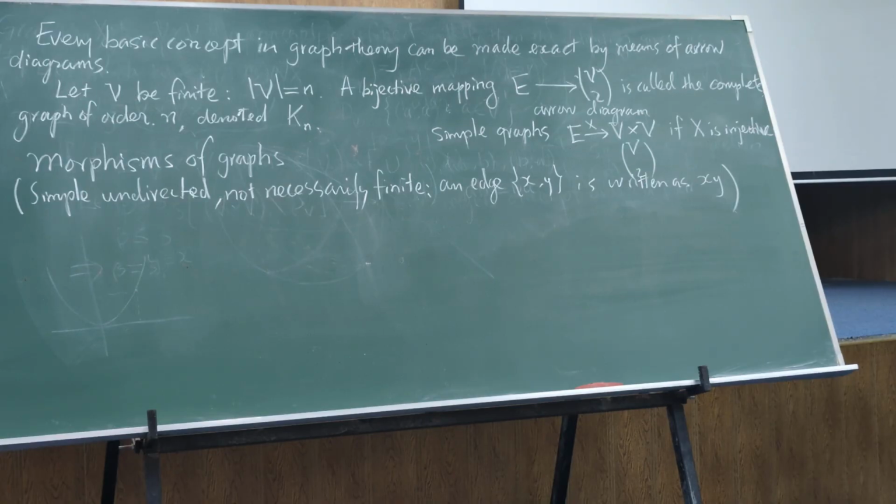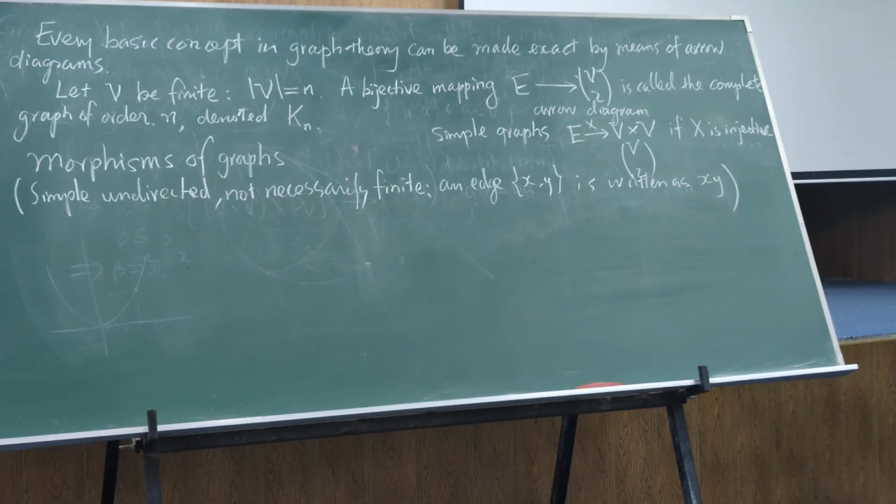This one. R-ary relations: the binary is 2-ary, ternary is 3-ary, then 3, 4, 5.